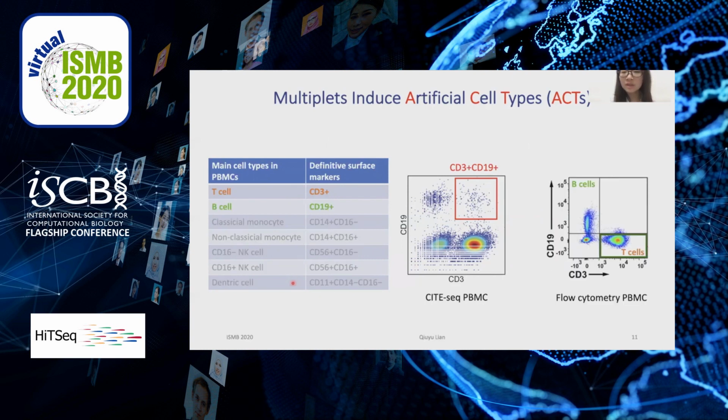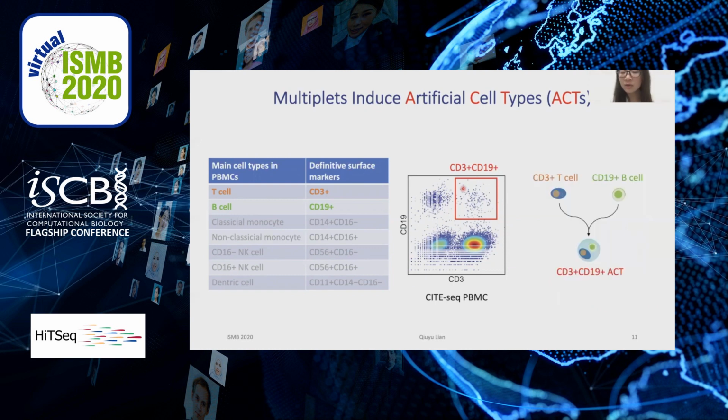As a reference, I'm also showing you a PBMC dataset measured by flow cytometry. By comparing the two figures, we'll find that they are similar with each other mostly, except that there is no cluster which is CD3 positive and CD19 positive in flow cytometry dataset. Then what is this cluster in CITE-seq dataset?